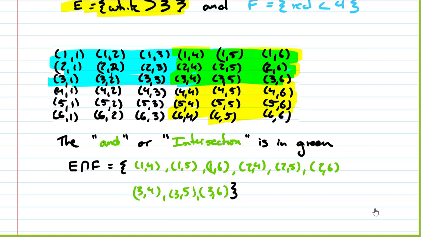So or means it's in either set, and means it has to be in both. So when you mix yellow and blue make green, right? And that's why we got this set in green representing the and, because that's both that are yellow and blue. Or in other words, the ones where the white die is greater than 3, but the red die is less than 4. And in that set, there would be a total of 9 events.